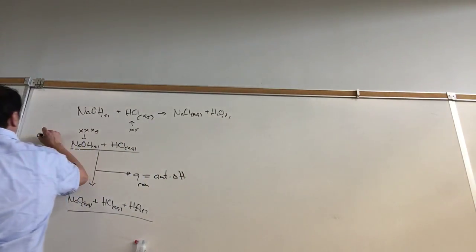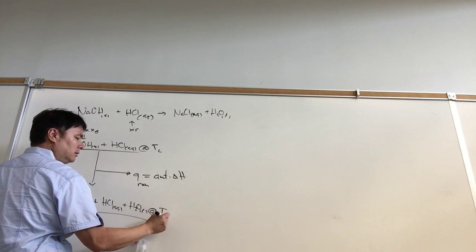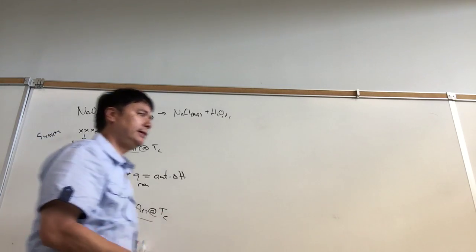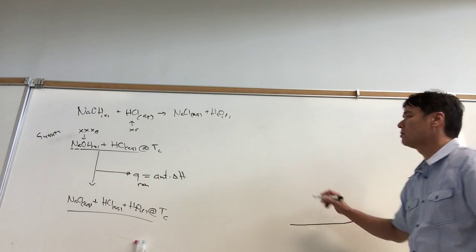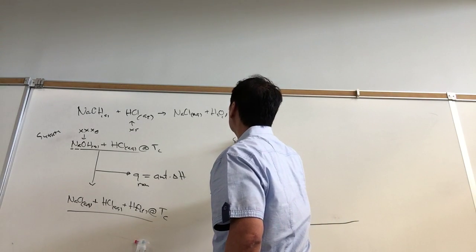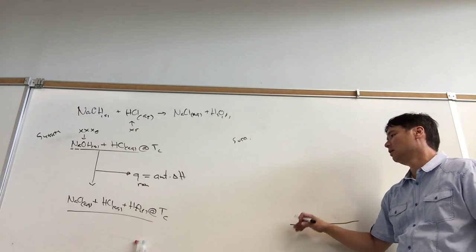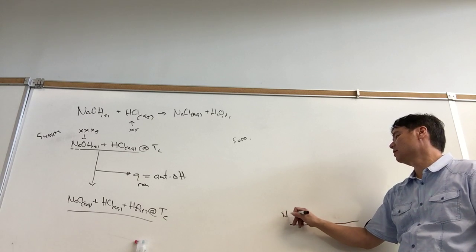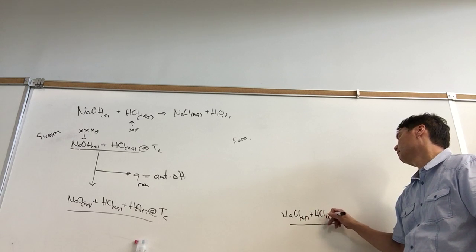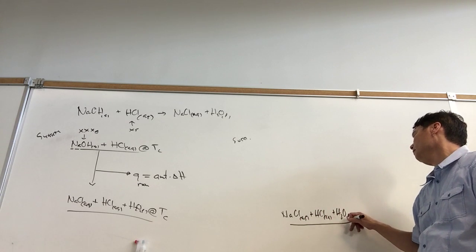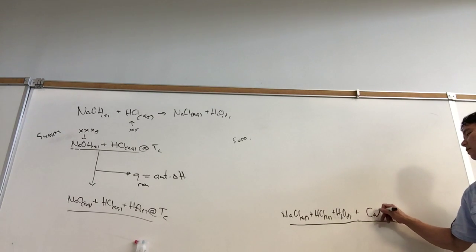The system's a reaction. And since it's a reaction, we start off at T cold. We're going to end up at T cold. So where does all this heat get dumped into? The heat gets dumped into the surroundings. And so what are the surroundings here? The surroundings will be the product solution, and so the product solution will warm up. And the calorimeter will warm up.